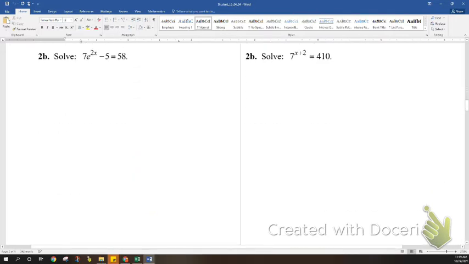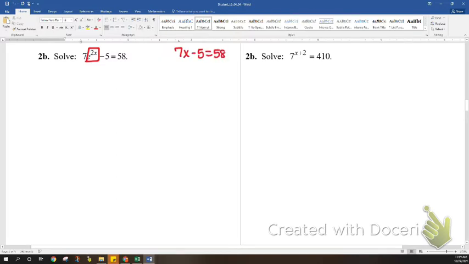All right, so 2b. Notice the difference is now we don't have that exponential part by itself, do we? So before we can worry about trying to move the x out of the exponent and get like bases, we have to have the exponential piece by itself. So I need to get this e to the 2x by itself first. It's no different than if we had the problem 7x minus 5 equals 58.